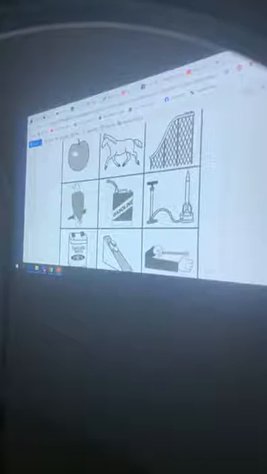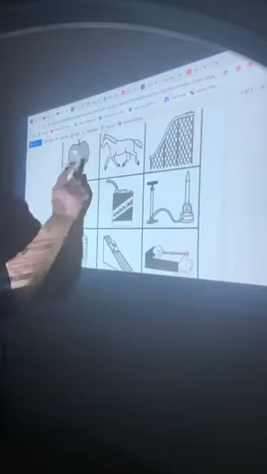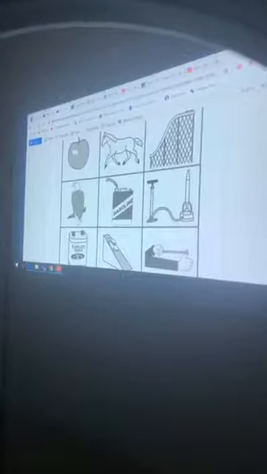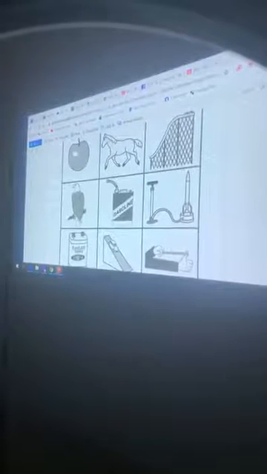So let's take a look at this apple. Is the apple kinetic or potential? Okay, the apple is actually potential.